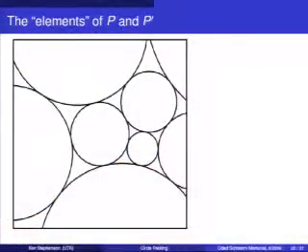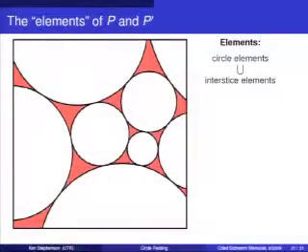So let's focus in on a small patch of this packing. And I'm going to identify what I call the elements, for lack of a better name. The elements of the packing are, well, the circles. So every circle is an element of this packing. And the interstices. So every interstice is an element.